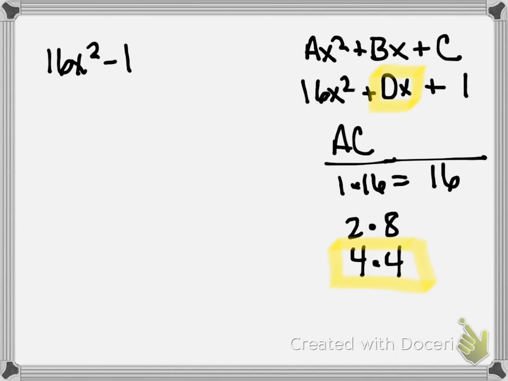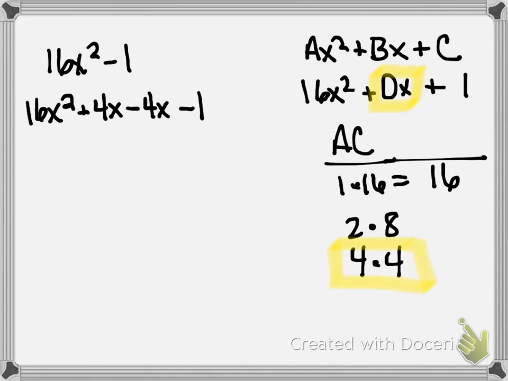So the second step is you're going to rewrite: 16x squared plus 4x minus 4x minus 1. Now what do the two middle terms combine to? A 0. 4x minus 4x is 0, and that's exactly where you're trying to get.